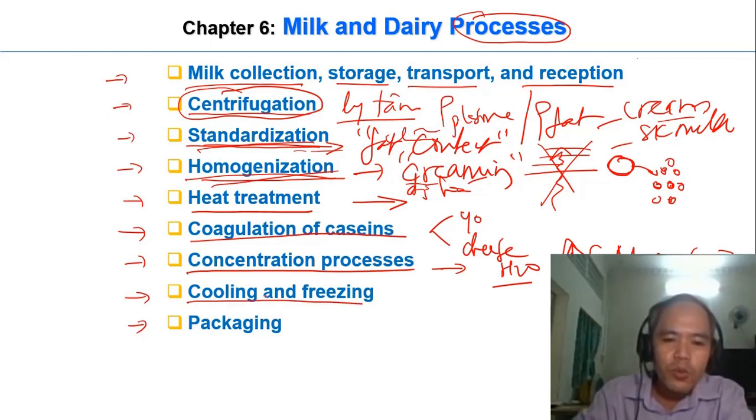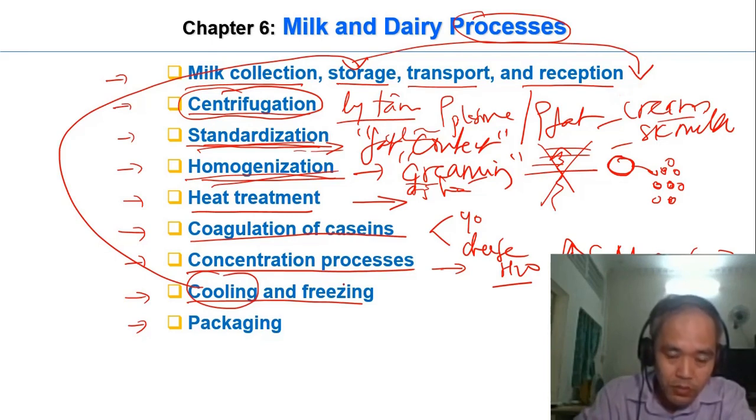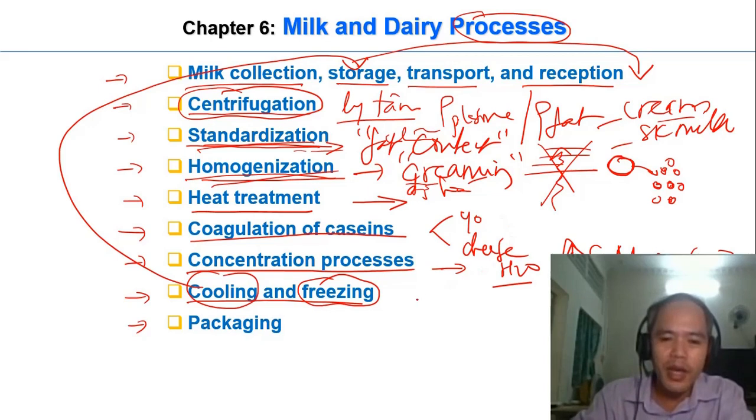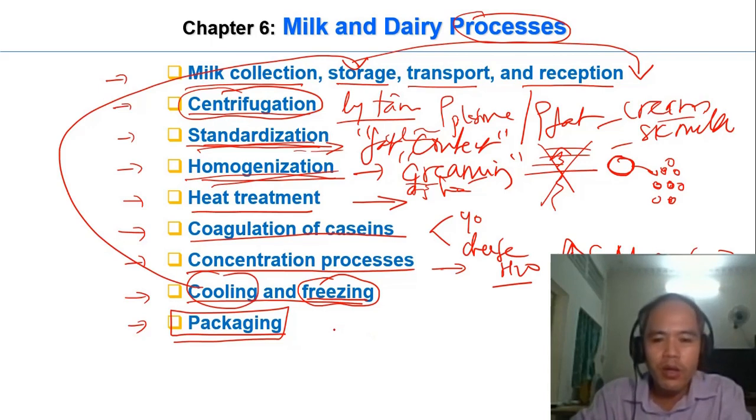Cooling and freezing. Cooling is actually applied for raw milk storage, or storage when we receive the raw milk into the factory. Freezing is not applied a lot in milk and dairy products, but we will discuss it a little bit just to know the principle. And packaging is to protect the product, to prevent contamination from outside into the products with microorganisms, with chemical substances, with other environmental factors as well.